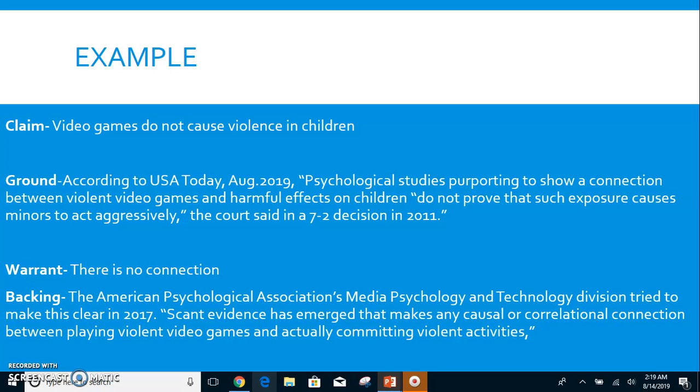Just 3 versions of those with a little bit more ground and a little bit more backing, because all of this together, the claim, the ground, the warrant, the backing, that is called a contention. So a contention is a collection of one thoroughly written argument or multiple arguments that prove one point. And so that is, like we said, debate in a nutshell.